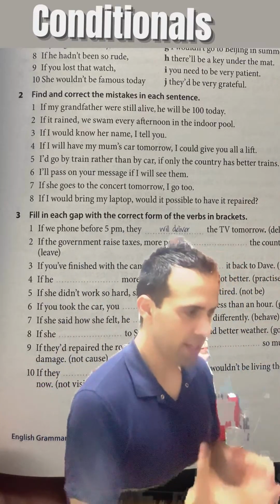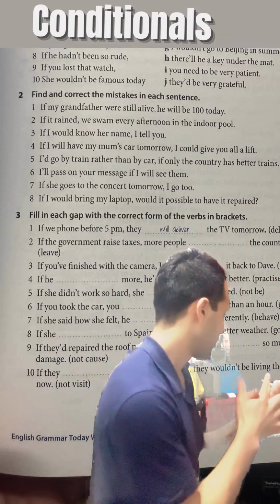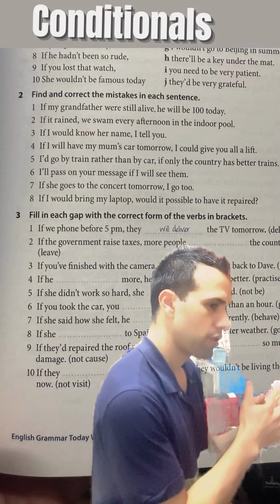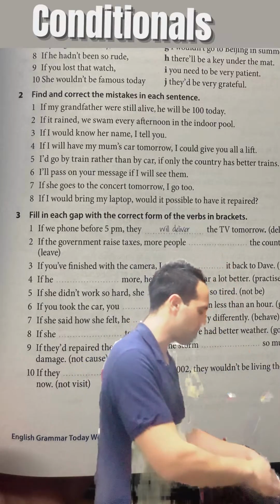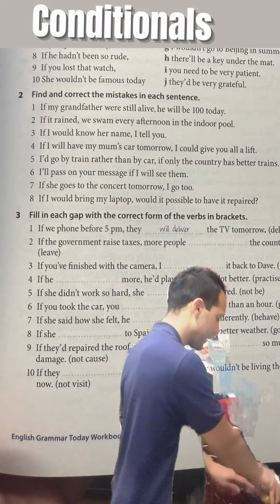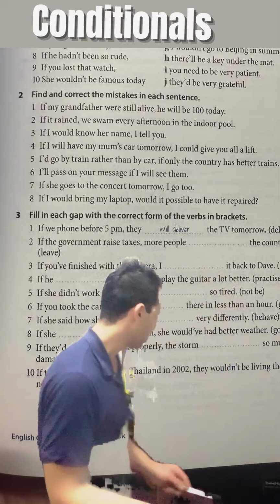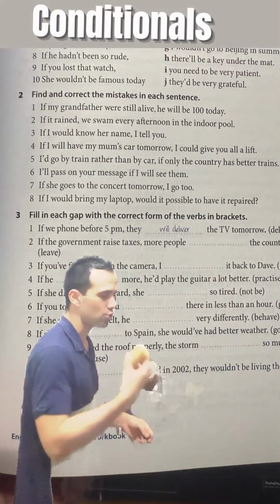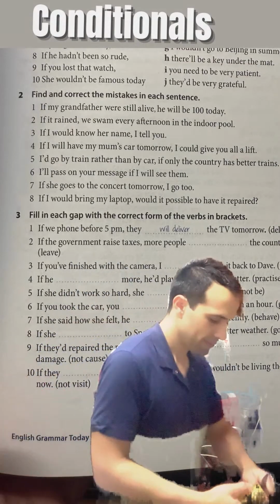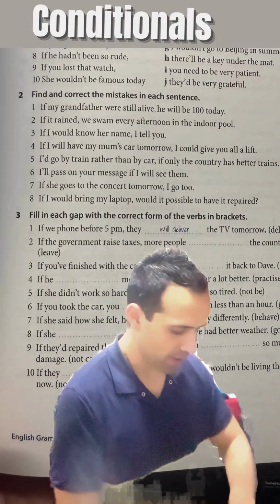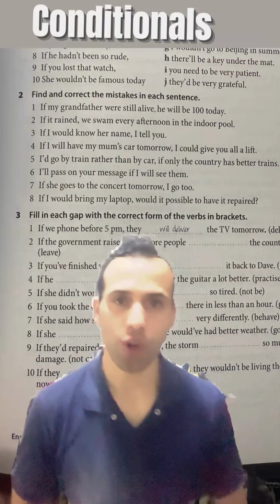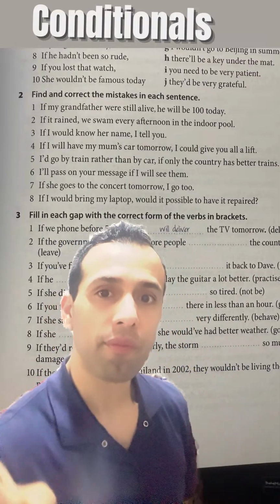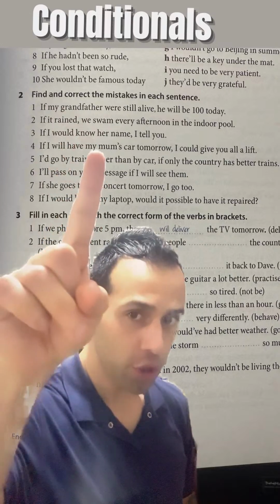If it rained, that's a hypothetical condition. Okay? It's not raining, if it rained. So hypothetically speaking, if it rained, it's not raining now, but if it rained, what do you need in the second part? If it rained, we would.